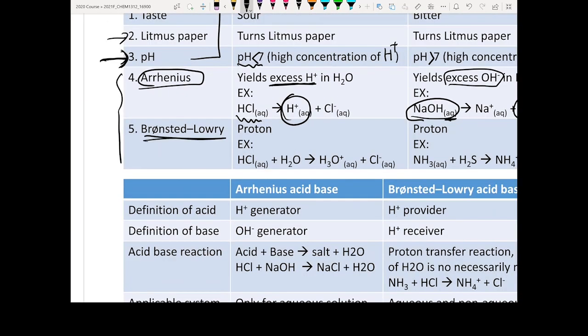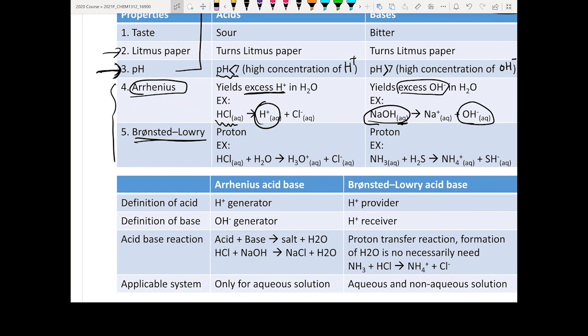But very soon, scientists found there's a limitation, because this limits you to defining acid and base only inside your water solution. But when we do organic experiments, you realize most of the experiments you did are not in aqueous solution, right? It's always in an organic solvent.